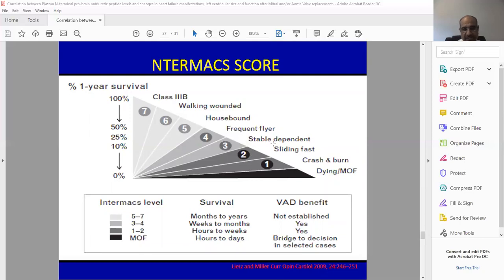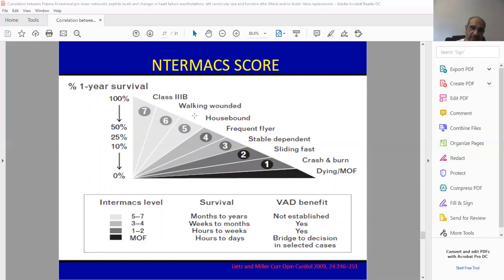Stage 3 are stable on inotropes. Stage 4 are on the floor, in the cardiac ward, in and out, admitted, discharged home, but return quickly to be admitted. Stage 5 is housebound: severe heart failure where the patient is even unable to go outside his house. And stage 6, there is some activity, but very, very symptomatic.